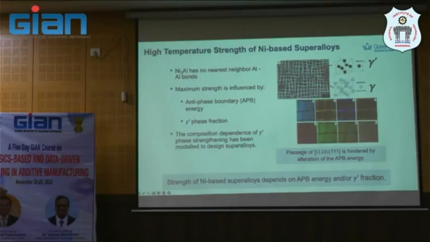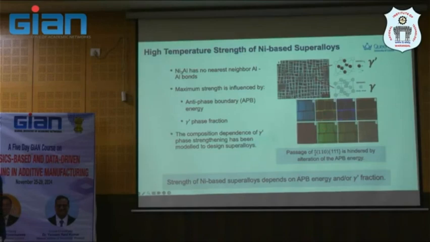If you're not in the metallurgy field, I may explain a little bit more. This material has an architecture like this: gamma prime with a different crystallographic structure, a cuboidal structure here, which is quite amazing, a very ordered structure in the material. The map here shows the composition.